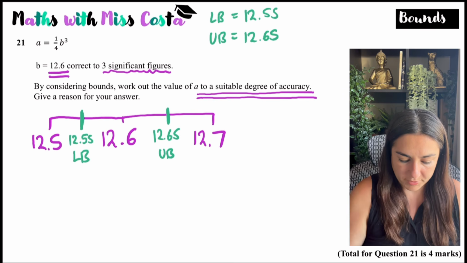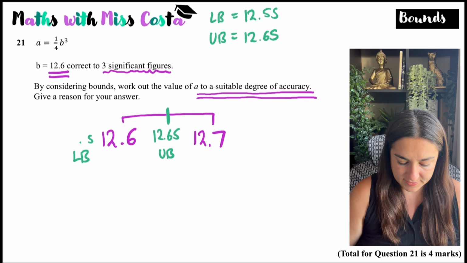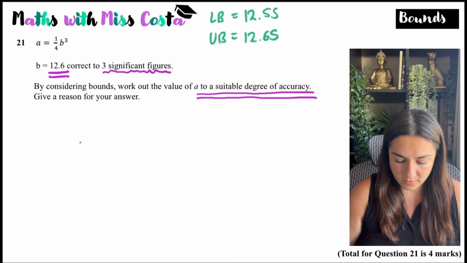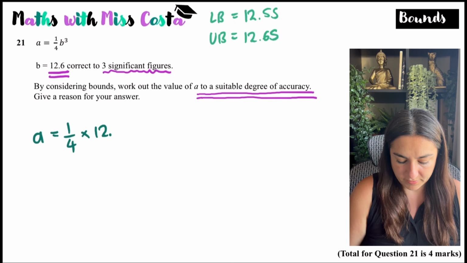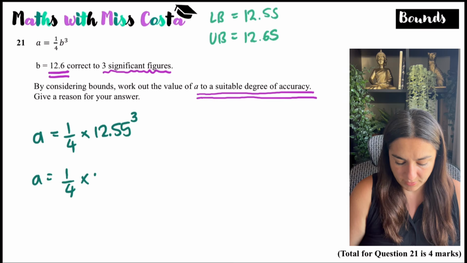So then what I'm going to do is enter that into my calculation. So A is a quarter times 12.55 to the power of 3, or A could be a quarter times 12.65 to the power of 3.